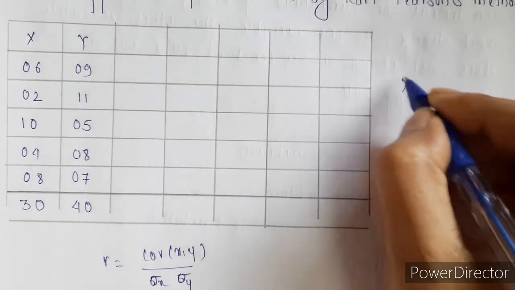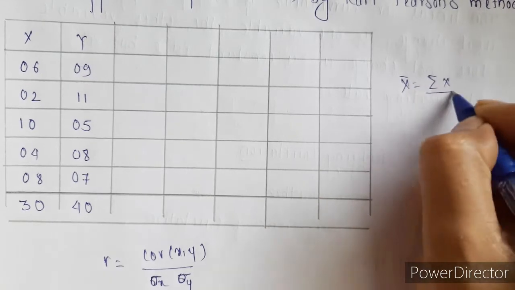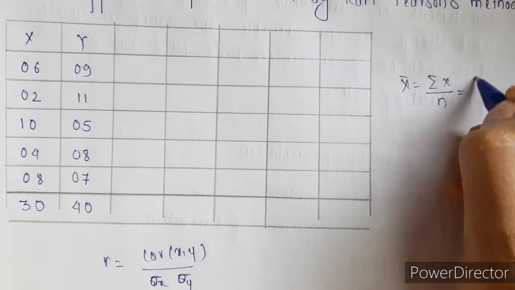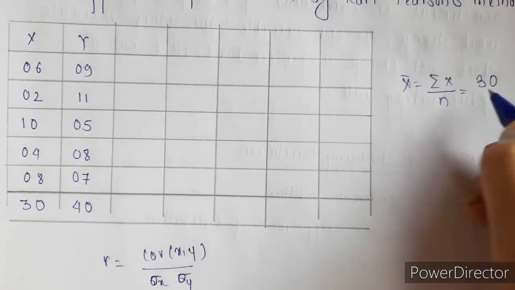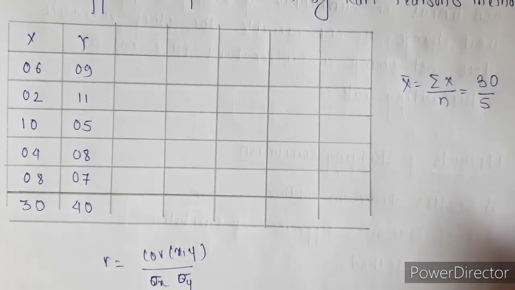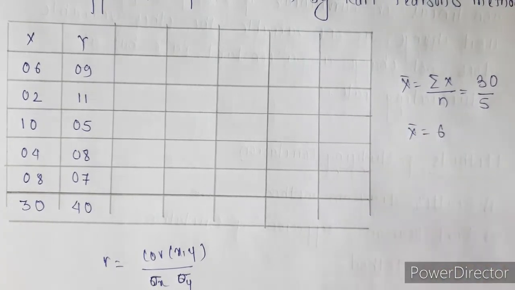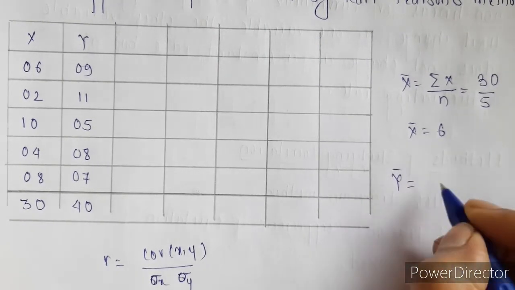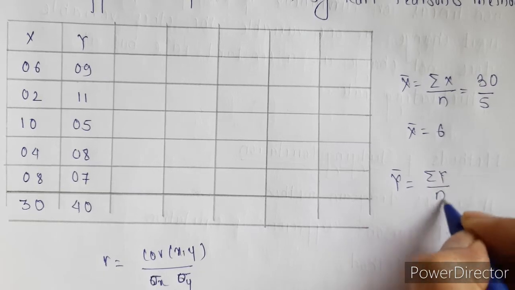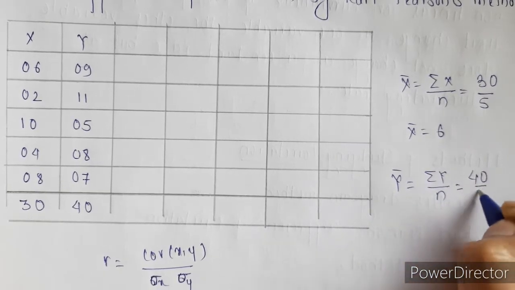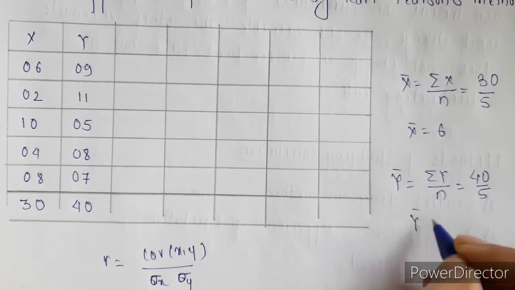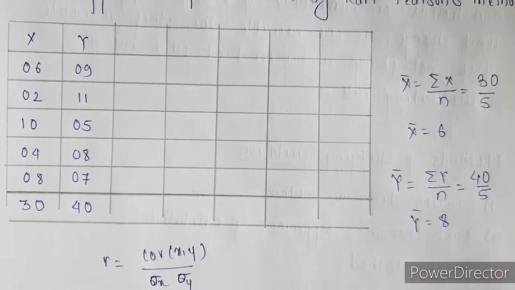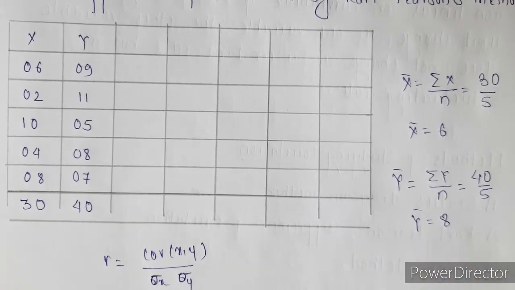So x bar is summation of x upon n, which is 30 upon 5, so x bar is nothing but 6. Then y bar, the mean of y, is summation of y upon n, which is 40 upon 5, so we get 8. So the mean of variable x is 6 and the mean of variable y is 8.